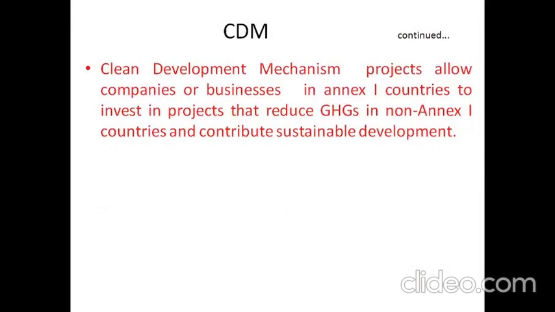Clean development mechanism projects allow companies or businesses in Annex I countries to invest in projects that reduce greenhouse gases in non-Annex I countries and contribute to sustainable development.